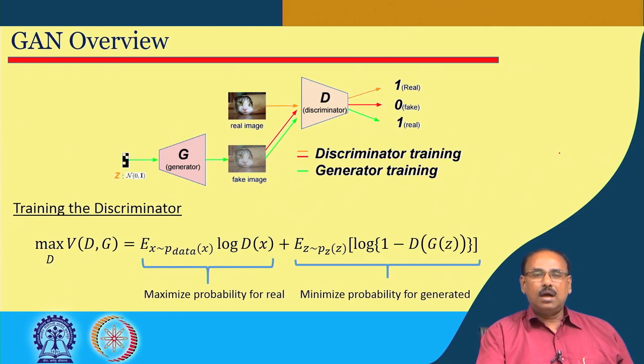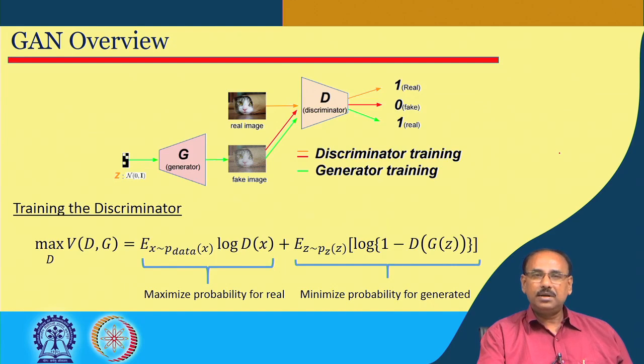Now there are two training components: training of the discriminator, and training of the generator. For training we need the cost function. For training the discriminator, as we said, the discriminator wants to maximize the probability for the real data, and it minimizes the probability for the generated data, or effectively it maximizes the log likelihood of 1 minus d of g z, where g z is the data generated by the generator network from the latent variable z.